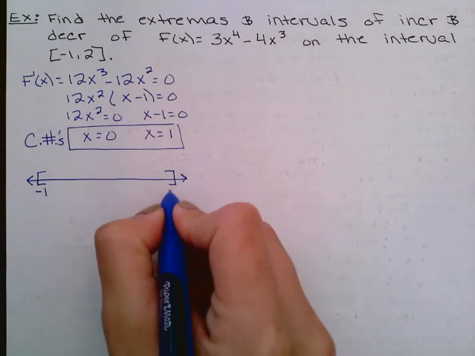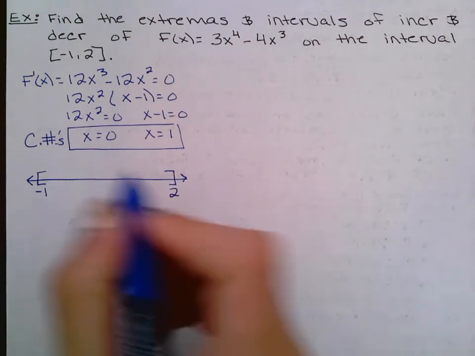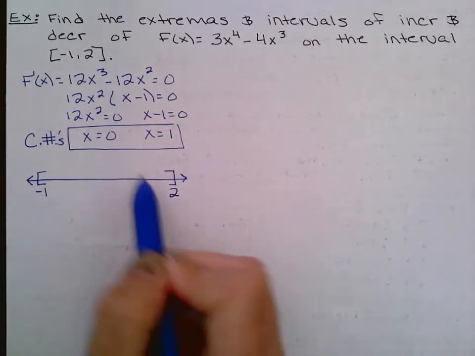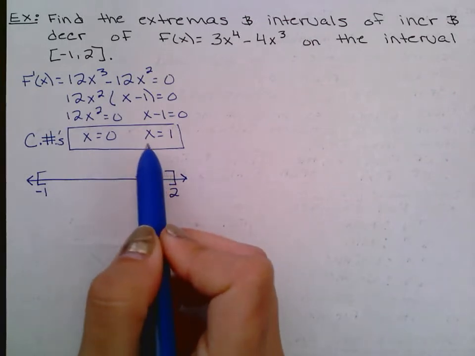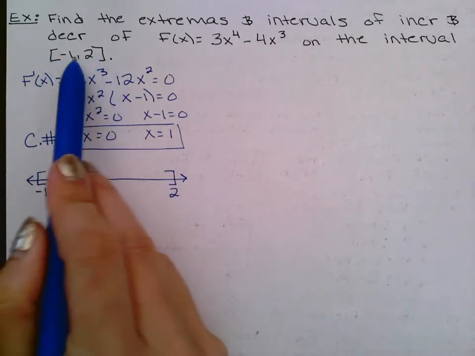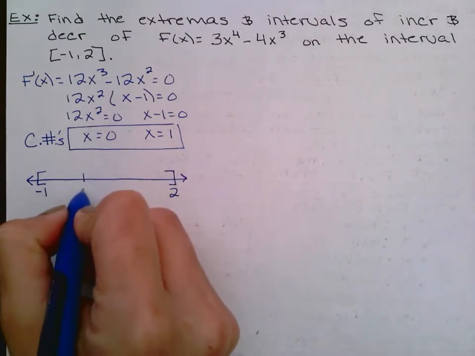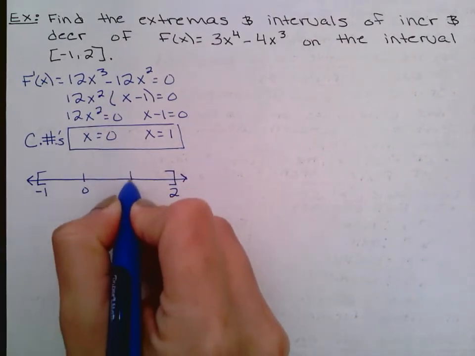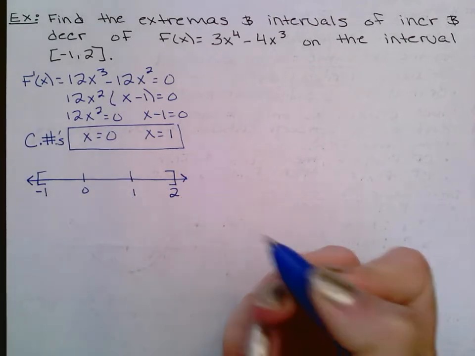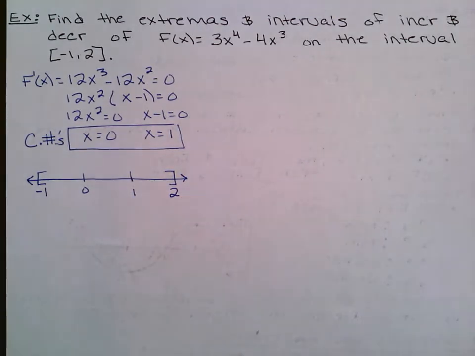And then same for +2. Now, my critical numbers, if they were to fall outside of this interval, I could ignore them because they only want me to check in between these numbers. But in this case, 0 and 1 do fall in between. I would just suggest that you space this out evenly so that your work fits. Don't get too crazy.